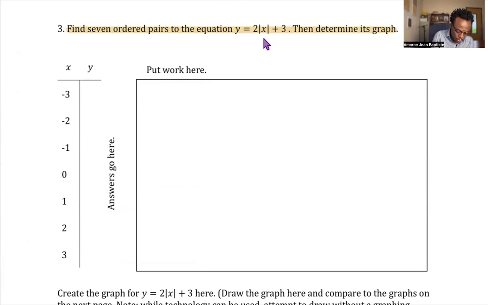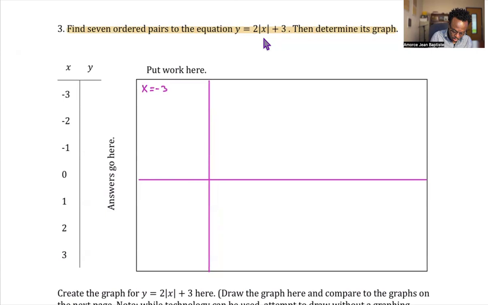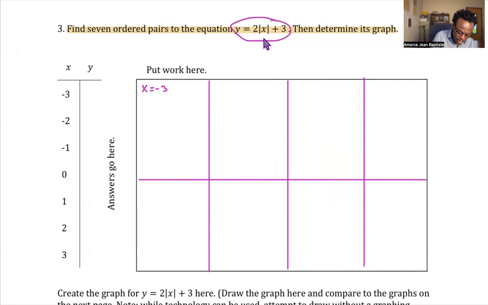So let's start with x equals -3. So y equals 2 times the absolute value of x plus 3, that's y equals 2 times the absolute value of -3 plus 3.